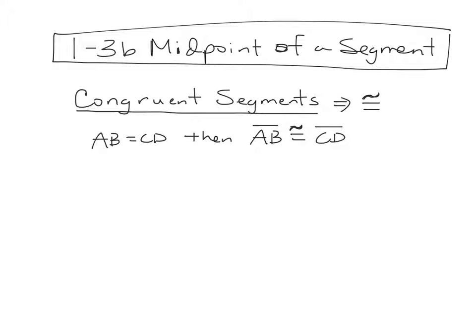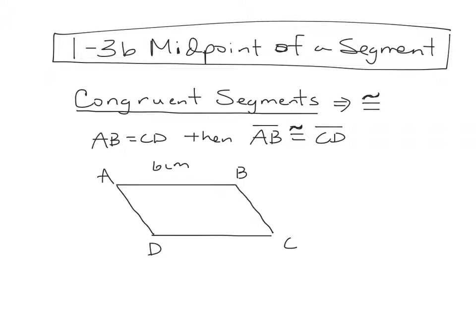Now, the way we show that, let's say we have a parallelogram. Okay, and in a parallelogram, opposite sides are equal. So that means opposite sides are congruent. So if this is ABCD, the way I can mark that opposite sides are the same, rather than have to say this is 6 centimeters, so now I need to mark the other one as 6 centimeters, the simpler, quicker way to do it is just with little hash marks.